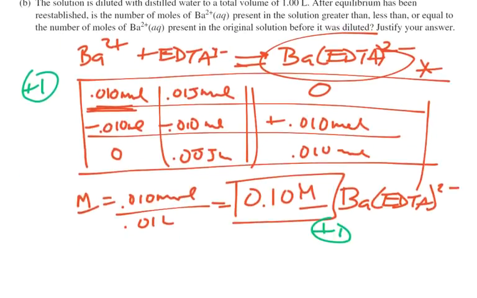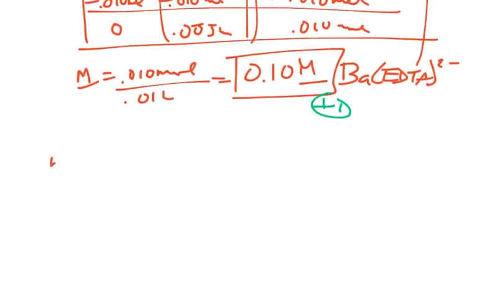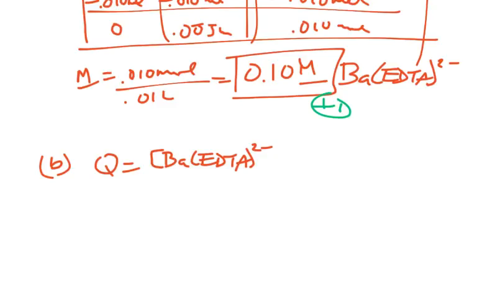Okay. Well, if we want to talk about different solutions and what happens to them, a good way to do that is with Q. And so Q is going to be the concentration of this barium EDTA 2- divided by the concentration of barium and the concentration of EDTA.